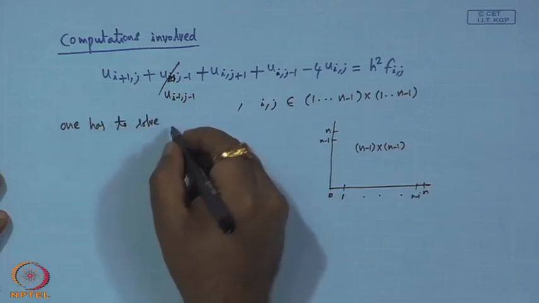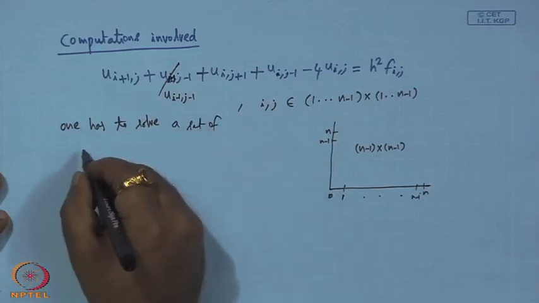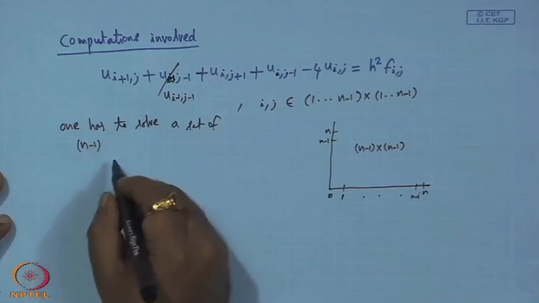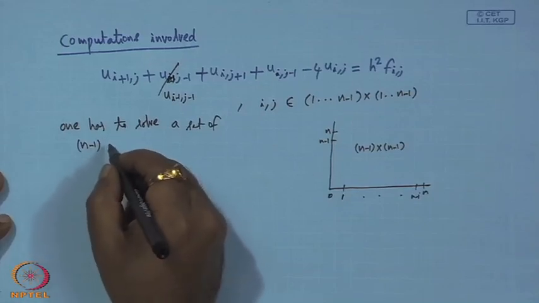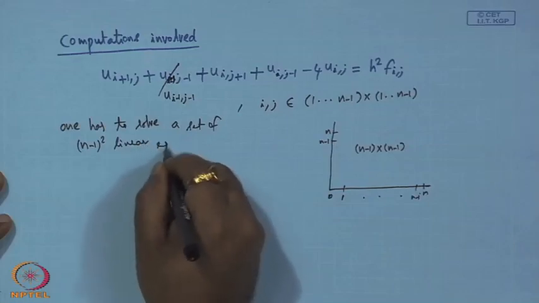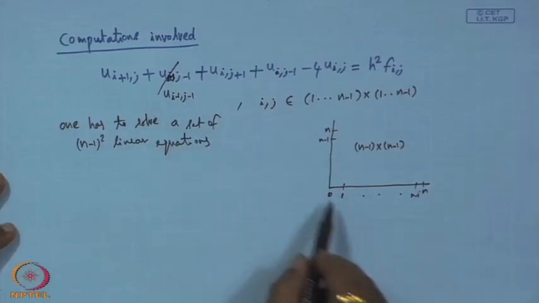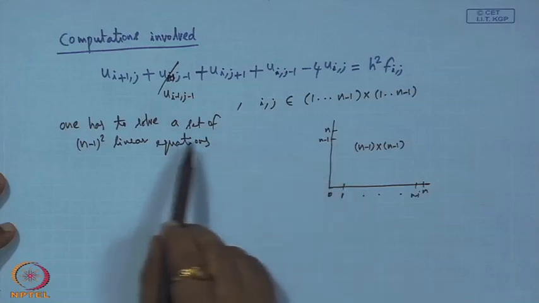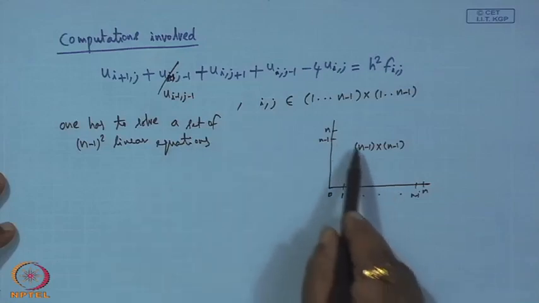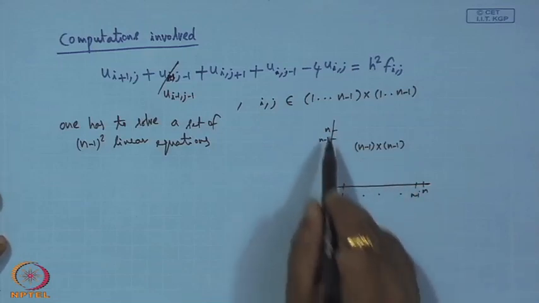One has to solve a set of n minus 1 squared linear equations. This is because i is varying from 1 to n minus 1 and j also.